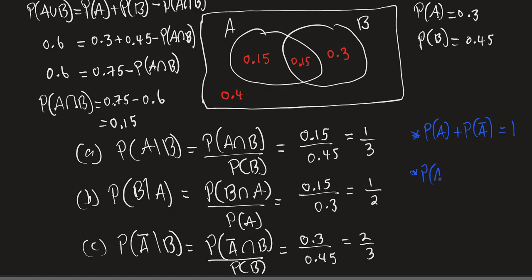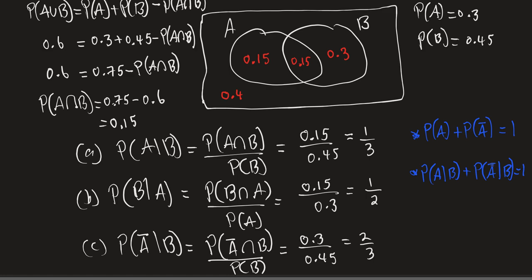The probability of A given B plus the probability of A complement given B, that also has to be equal to 1. Because given that something else has occurred, either A is also going to occur or it is not going to occur. So what's nice about this is our complement rule carries over even in the presence of conditioning, right?